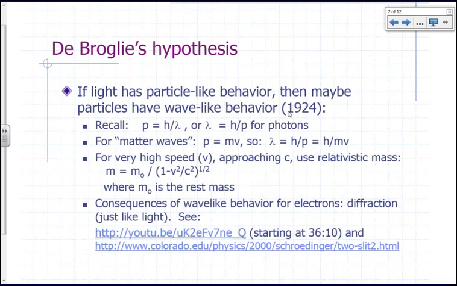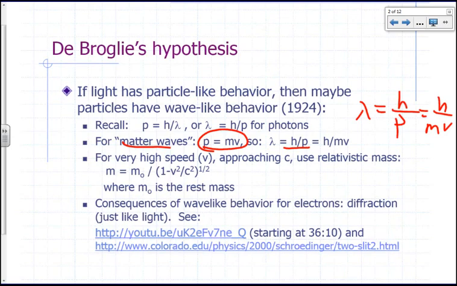for particles, electrons would also have a wave associated with them. So, for what we would call matter waves, since the momentum is mass times the speed, de Broglie suggests that maybe the wavelength is going to be equal to h over the momentum, and momentum is mv, so the wavelength associated with a particle of mass m moving at speed v would be h over mv.